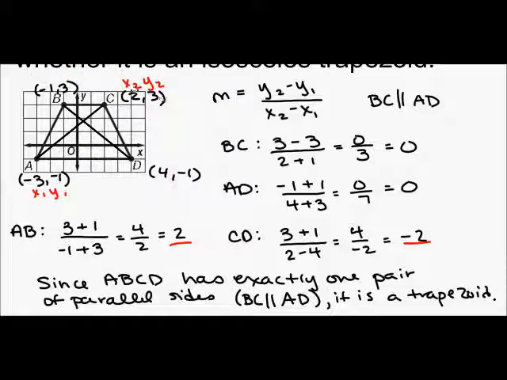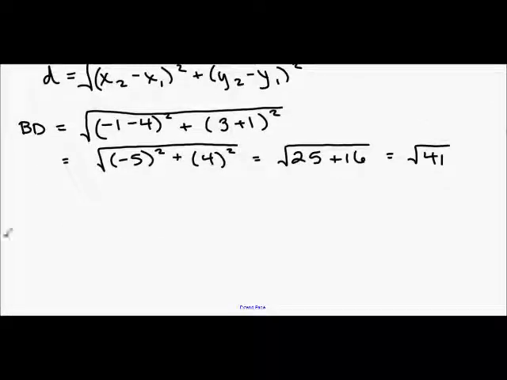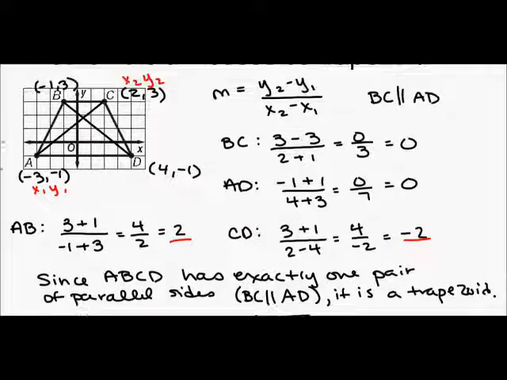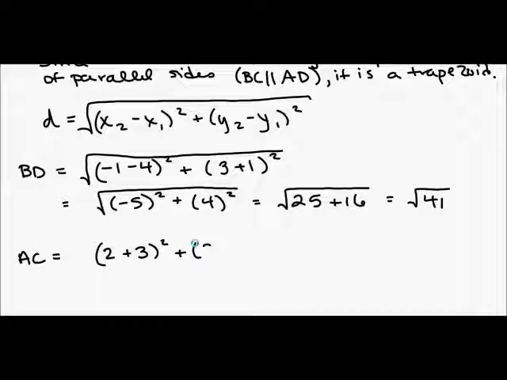Okay, so x2 is 2, x1 is negative 3. What are we looking at, AC? Yes. So 2 minus negative 3 is 2 plus 3. And y2 is 3, y1 is negative 1, so 3 plus 1.